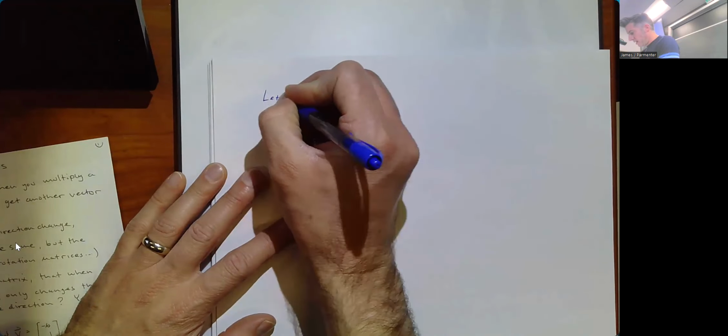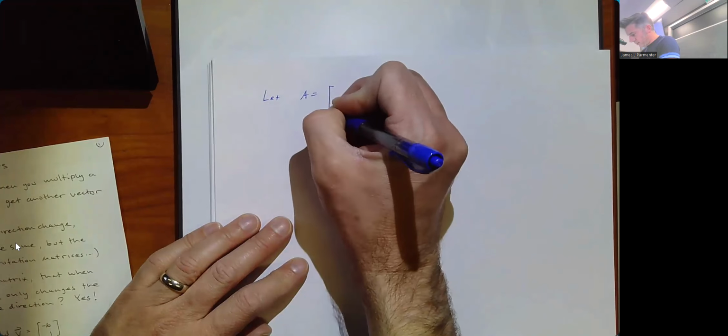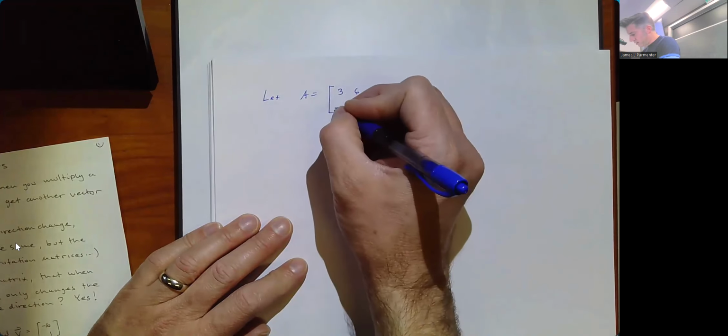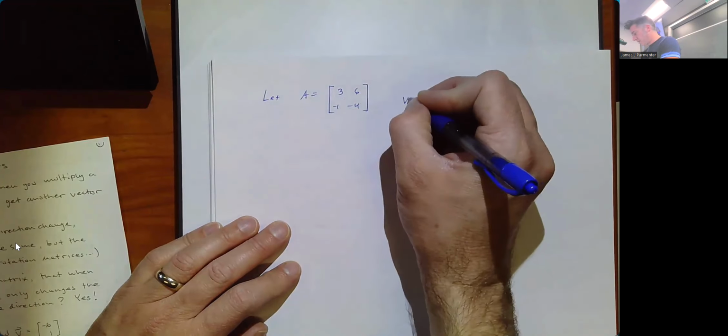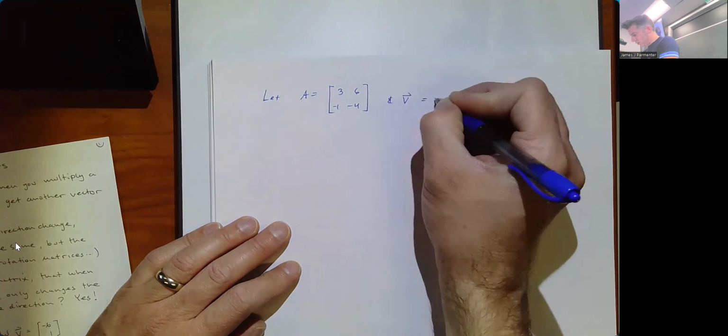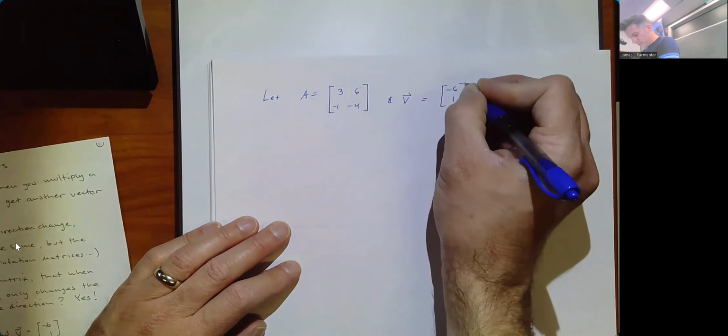Yeah. So let's look at this matrix here. We're going to let A equal the matrix 3, 6, -1, -4. And the vector V is equal to -6, 1.